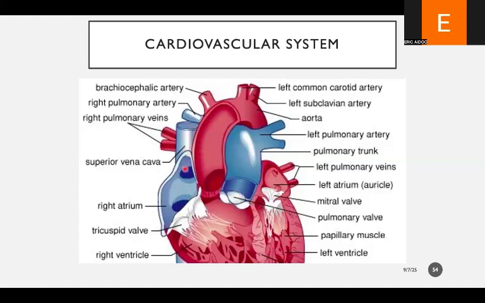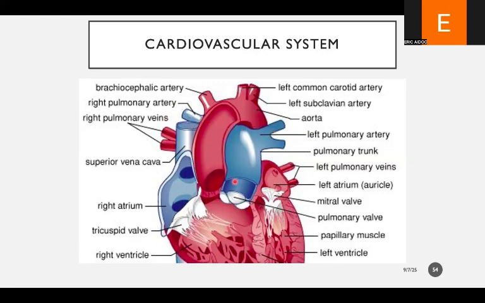The superior vena cava is going to open into the right atrium. The inferior vena cava is also going to open into the right atrium, so there's a common opening there. Then obviously you also have the right pulmonary artery and the left pulmonary artery.